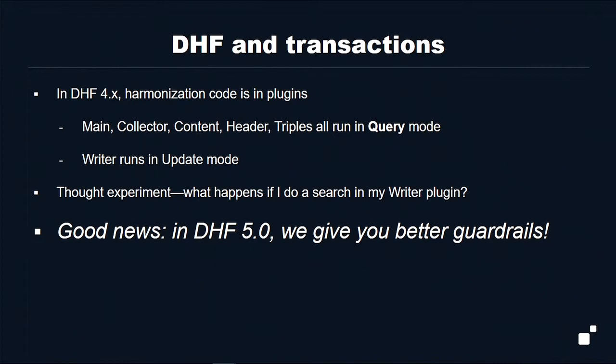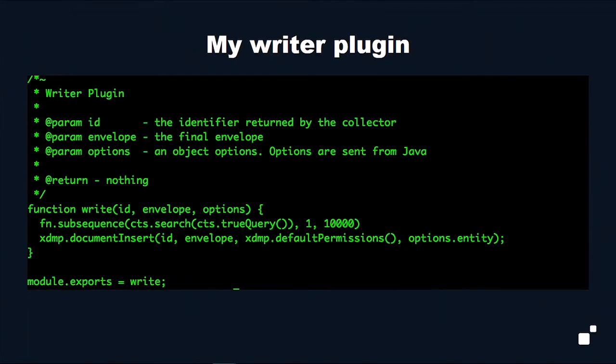So all you need to do is basically get the document to the point where you want to write it, and then we handle that for you. So now we get to my code, which, as you can see, I'm doing a search inside my write. And because I'm doing a search in the context of an update, I end up locking these 10,000 documents with a write lock.